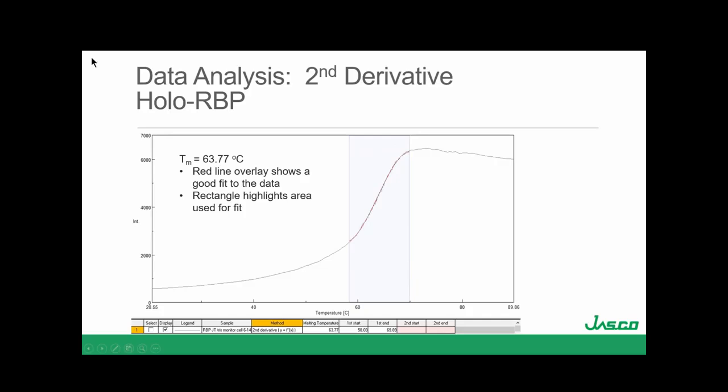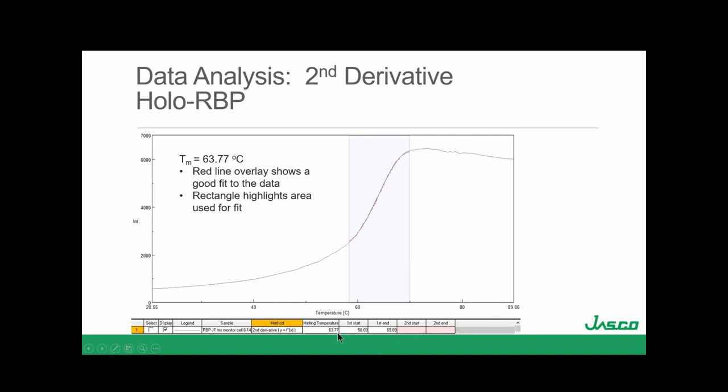So what about second derivatives? Let's just take a look at a screenshot of this. This is a holo RBP, and this next set of data is just the exact same data file that we're going to look at, okay? In this case, I have second derivative selected down here. That's the sample I'm looking at. Here is the melting temperature that's provided. If I would have checked some other boxes, we'd also see delta H, delta S values provided.